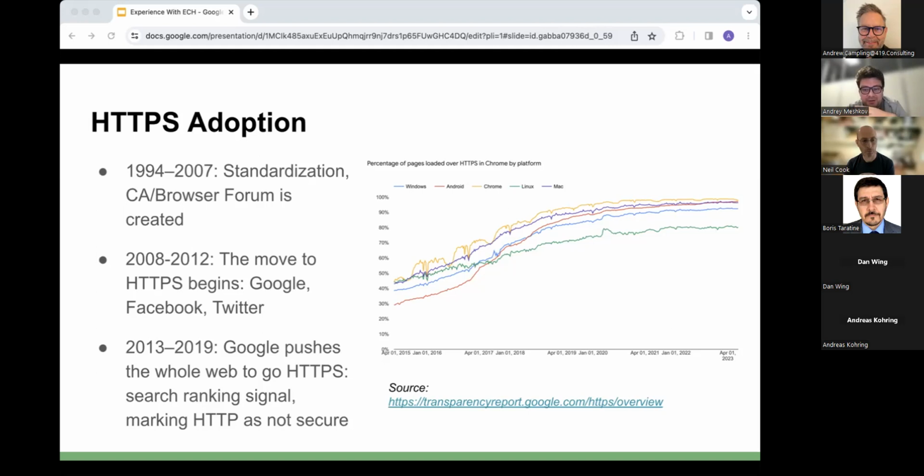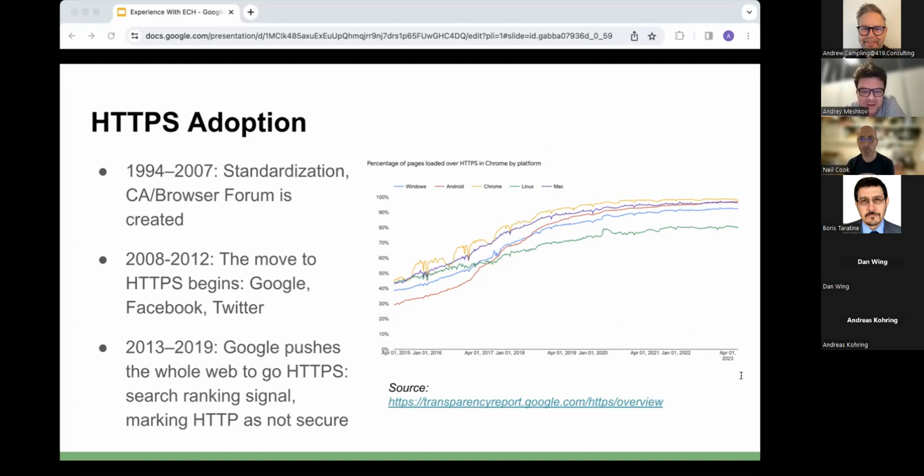Google began aggressively pushing, first by stating that HTTPS will be a search ranking signal, then by declaring that Chrome will eventually mark plain HTTP websites as not secure. The move to HTTPS intensifies and finally reaches the final stage in about 2019.